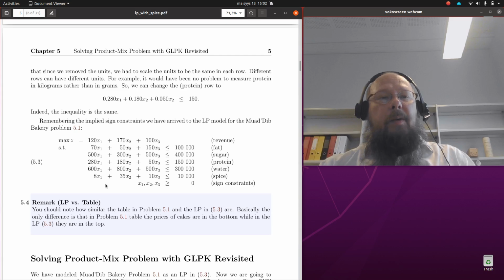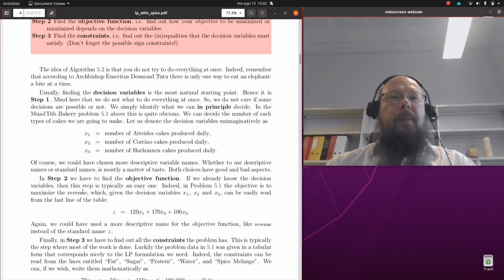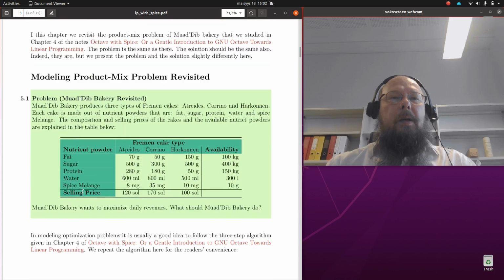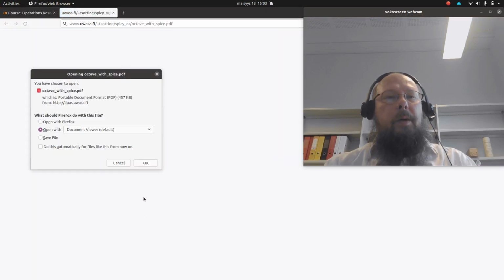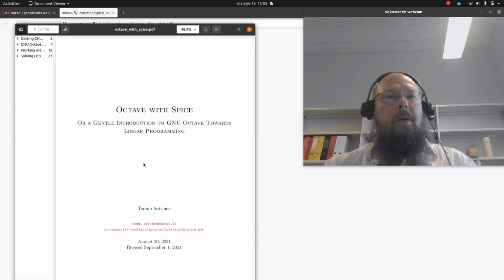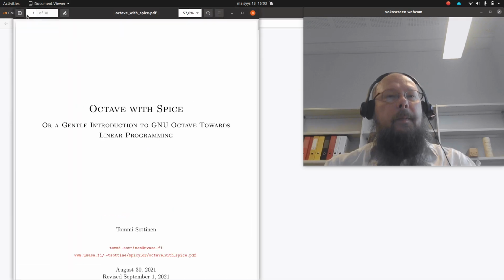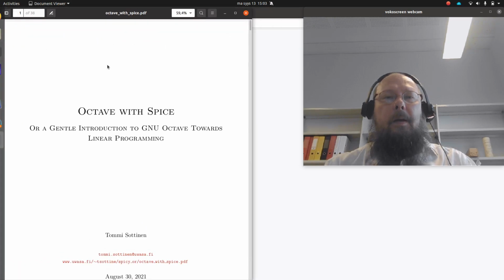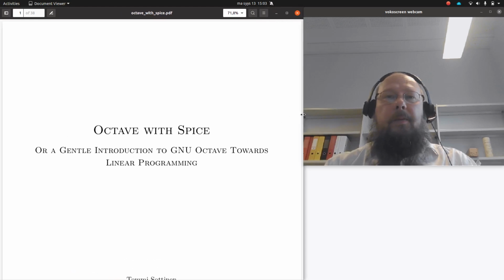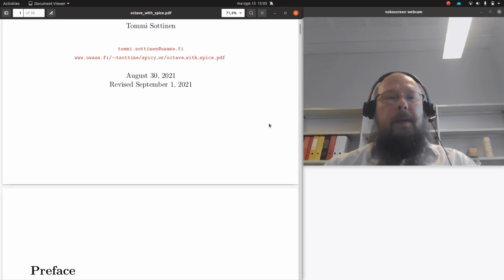A final note is that, yes, let's look at the problem that's given like this here, and let's open the old notes or the Octave notes, and there let us look at chapter 4, which was the same problem presented in a slightly different manner.